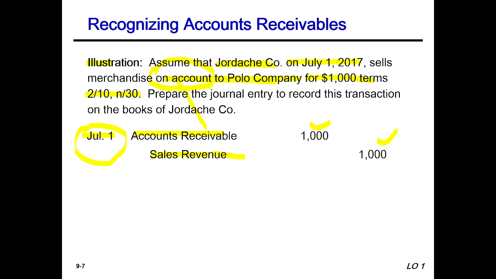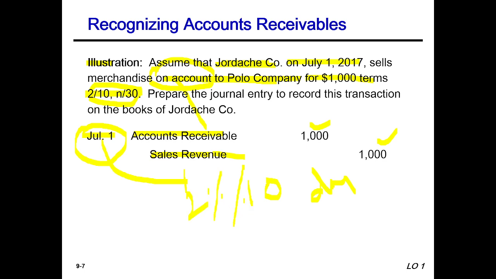Please look here, 2/10, net 30. This is a very important matter. Suppose July 1 is the selling date. If Polo company pays all the amount to George's company within 10 days, Polo company will get a 2% benefit.